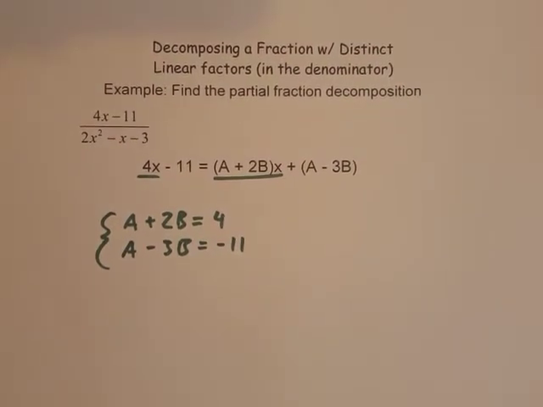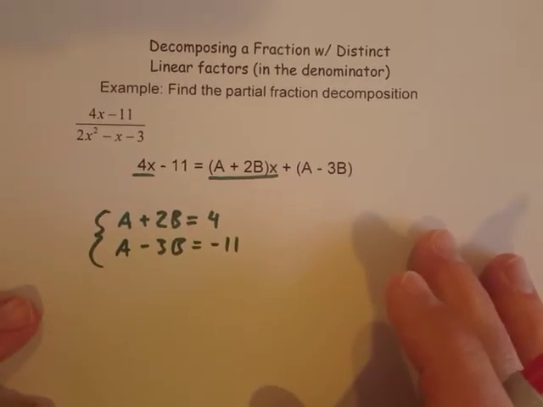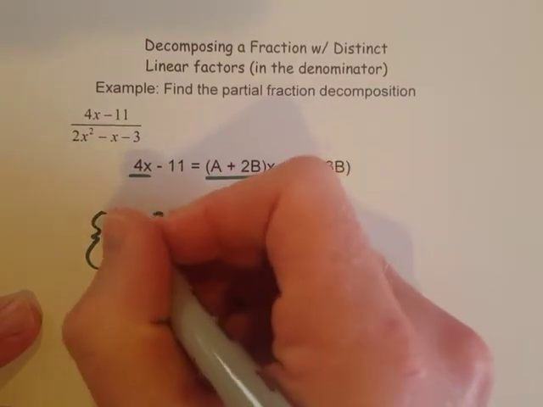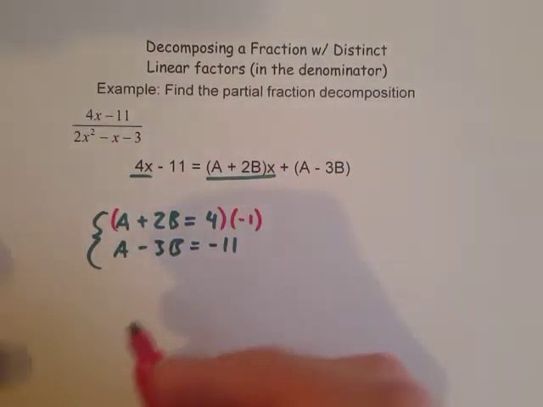We can solve this in really about any way that we so choose, but it just happens that normal elimination actually works pretty well here. It's a simpler system than what we were working with in the last section. So I'm going to just eliminate these a's. I'm going to do that by multiplying this first equation by negative 1 and then adding these things together.